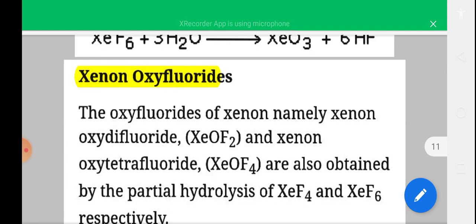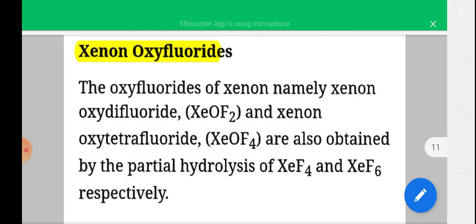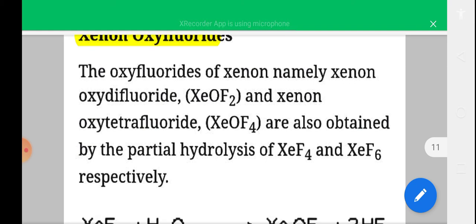And now xenon oxyfluorides like XeOF2 and XeOF4. The oxyfluorides of xenon, namely xenon oxydifluoride XeOF2 and xenon oxytetrafluoride XeOF4, are also obtained by partial hydrolysis of XeF4 and XeF6 respectively.